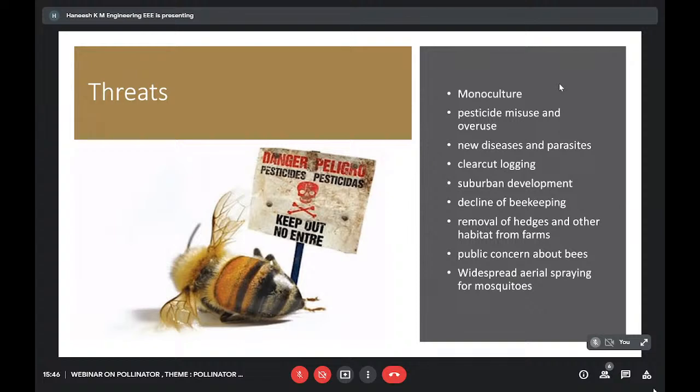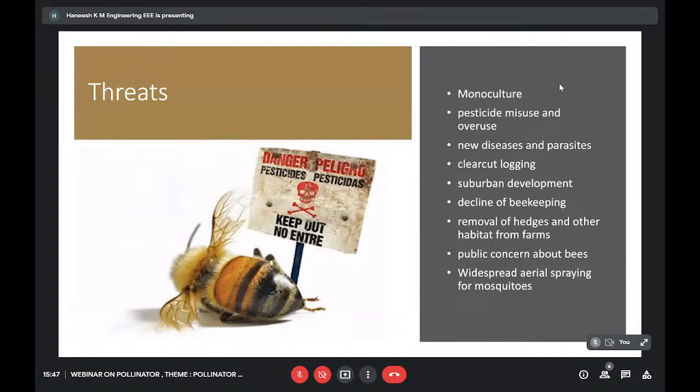These are the places where most of the insects grow. So when you are clearing out all these things, the insects lose their habitat, and finally they struggle to survive in those areas.